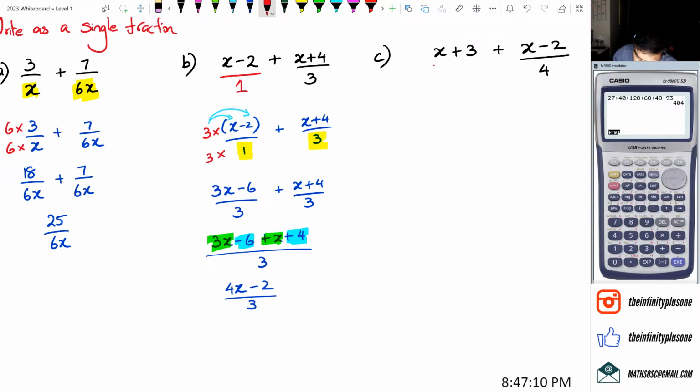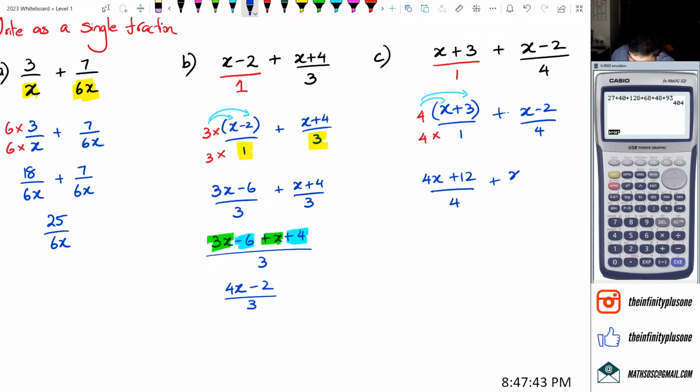So I've got x plus 3. I'm going to put that as 1 there at the bottom, because I know that x plus 3 has a denominator of 1. Then what I've got here is x plus 3 in a bracket over 1 plus x minus 2 over 4. And I've got to multiply the denominator by 4 and the numerator by 4 as well. Expand the brackets. So what I'm getting is 4x plus 12 over 4 plus x minus 2 over 4.